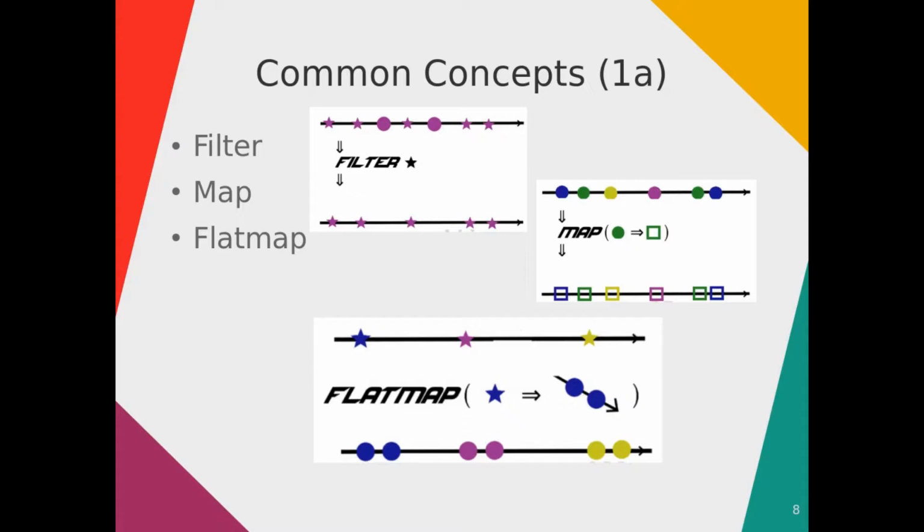And then flat map uses a function which converts the incoming items into a stream of additional items, and the word flat means it outputs only one stream. Here you can see it taking a star and converting it to two circles.